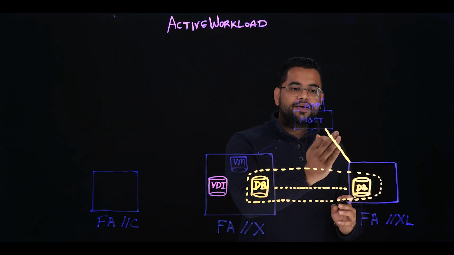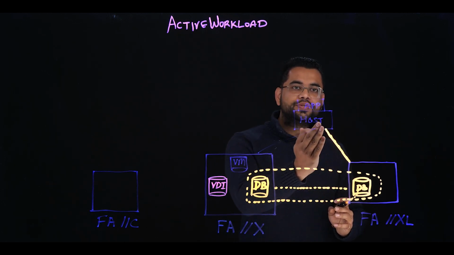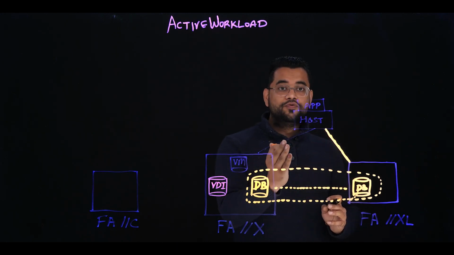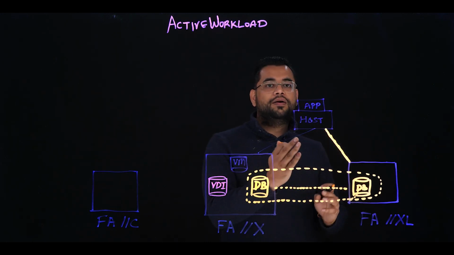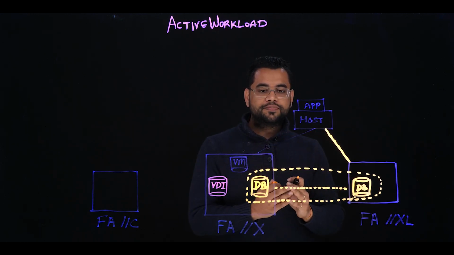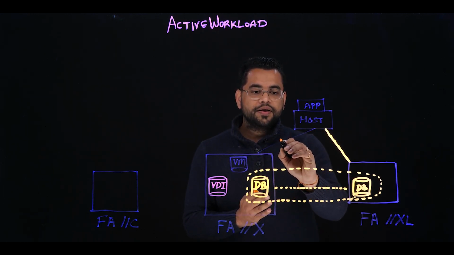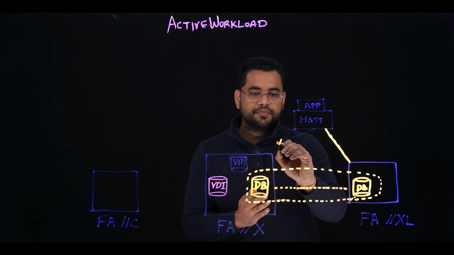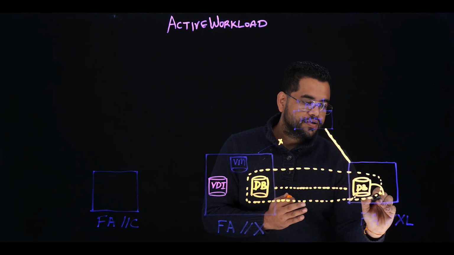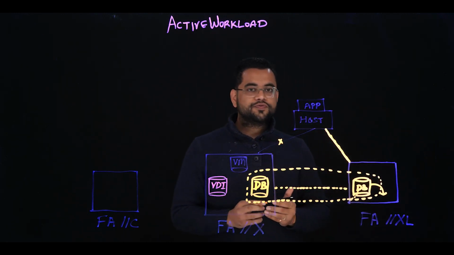Once you configure that, the IOs start happening against this FlashArray. You can then remove the older paths or let them be, based on your host. And at that point in time, you can move this volume and deposit it locally to this FlashArray.